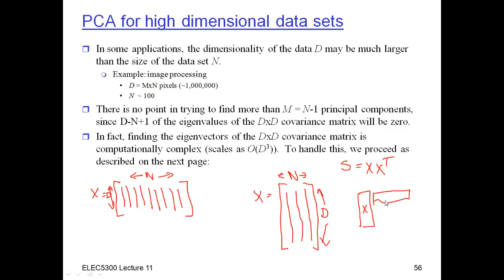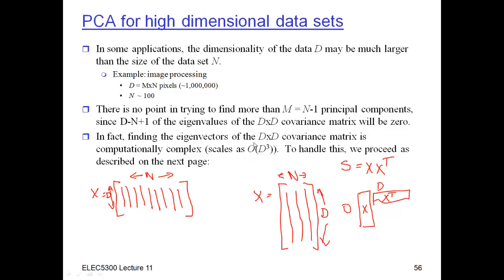So this would be D by D. This is going to be a really, really big matrix, especially if D was 1,000,000 or even more. And this is going to be computationally complex because it scales as order of D cubed.